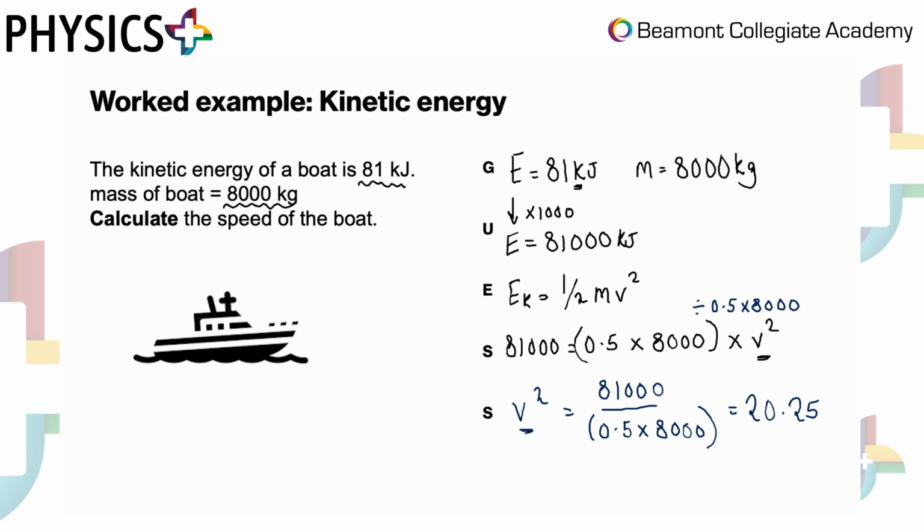But that is for V squared. To find V, we'll need to find the square root of this. So the square root of 20.25 in the calculator gives me 4.5 meters per second.